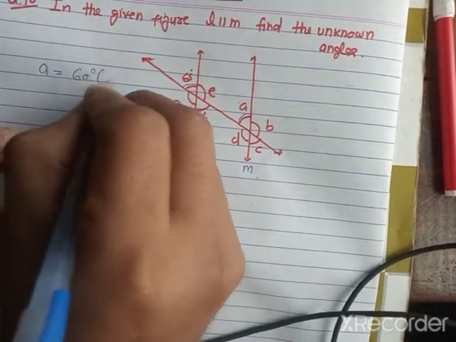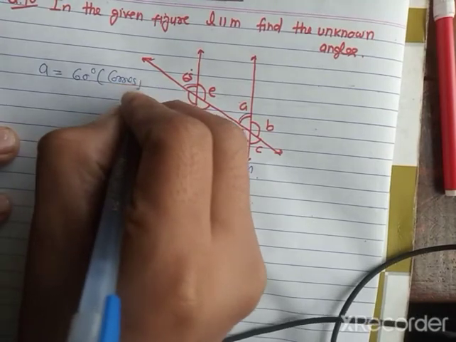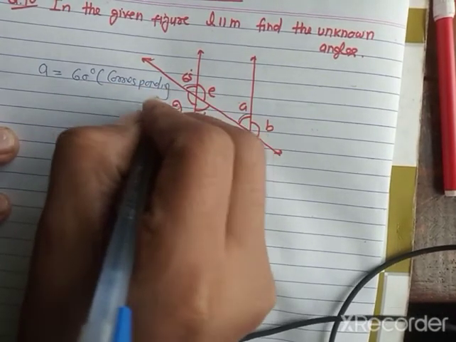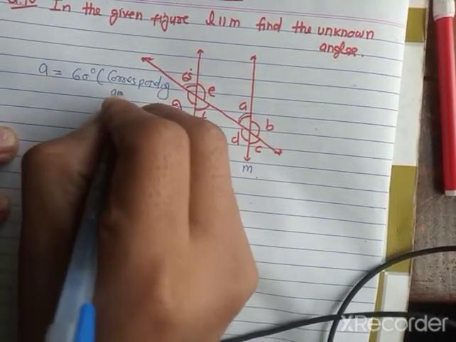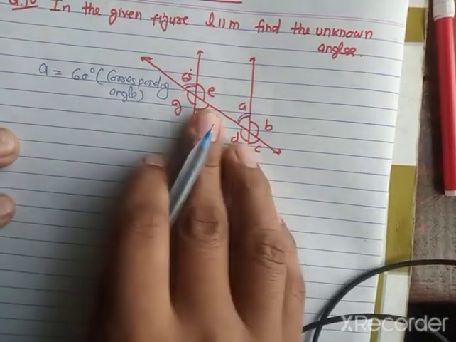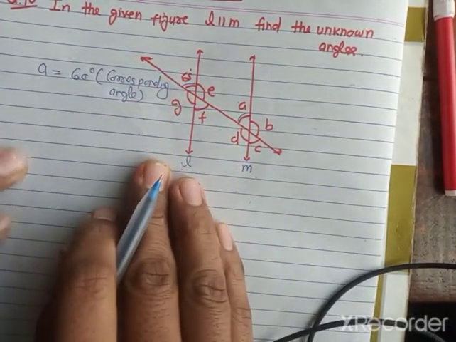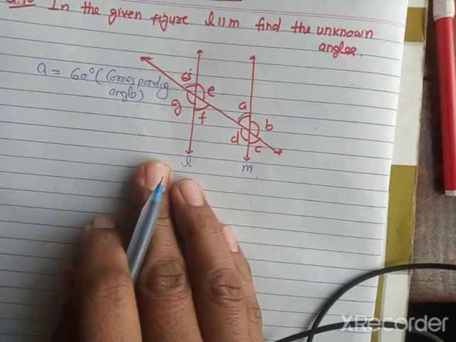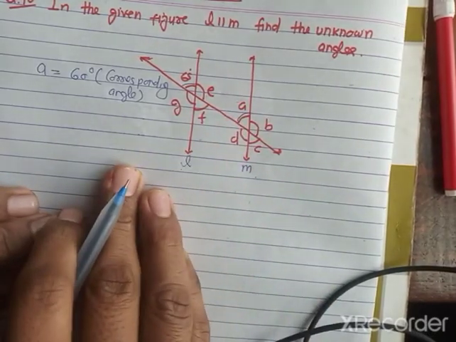Reason: corresponding angle. Due to corresponding angles, angle A is equal to 65 degrees.